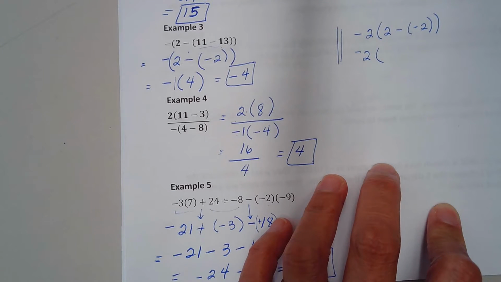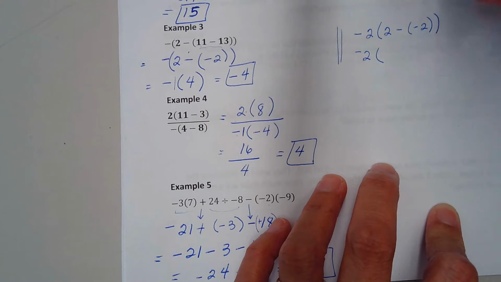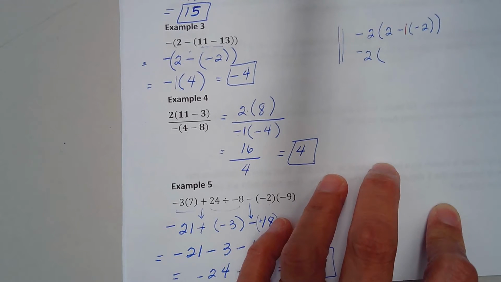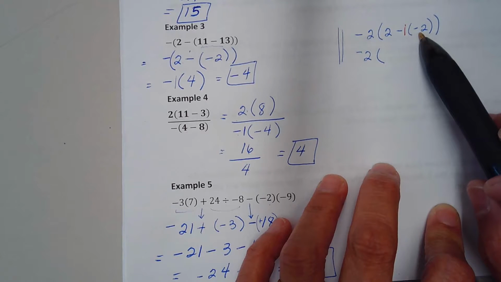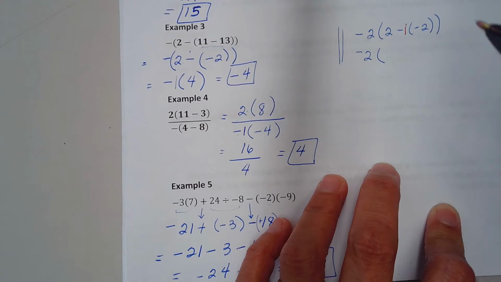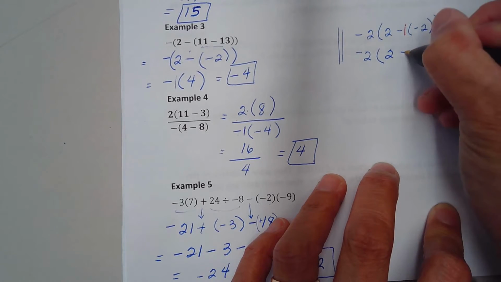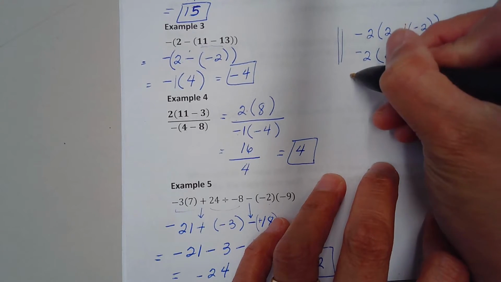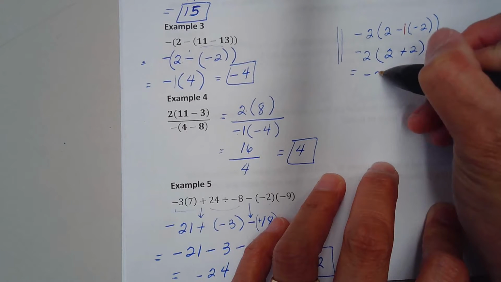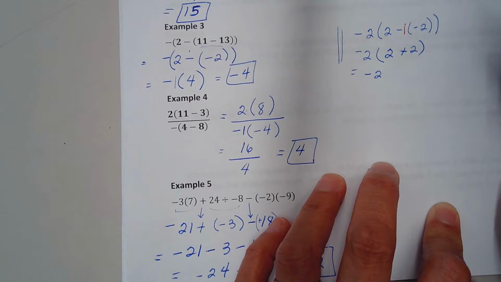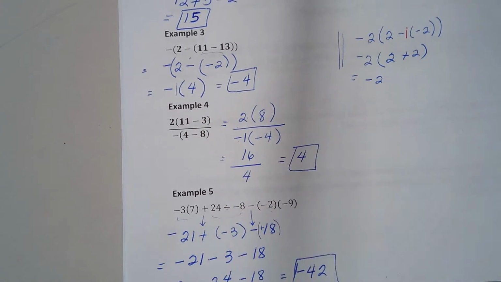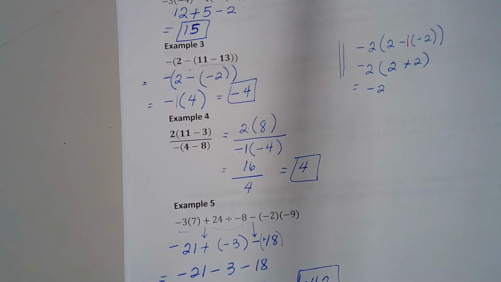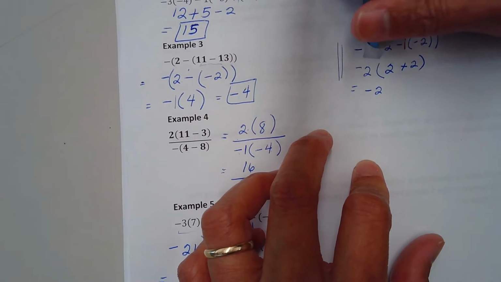This is the one where I like to put the 1 there. So it's going to be negative 1 times negative 2, which is a positive 2. I'll just finish it off. Anybody could look at this and figure it out. Sorry, that one shouldn't be there.